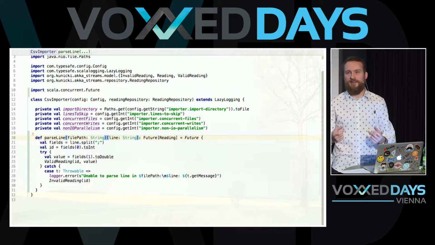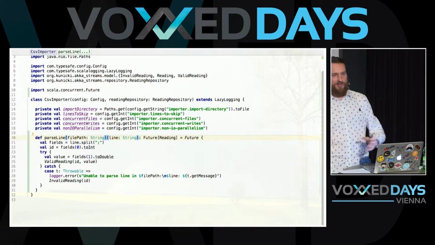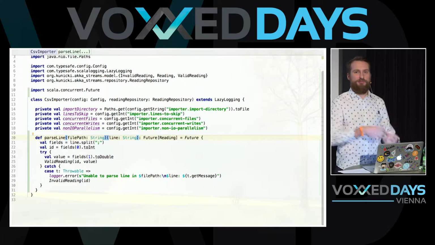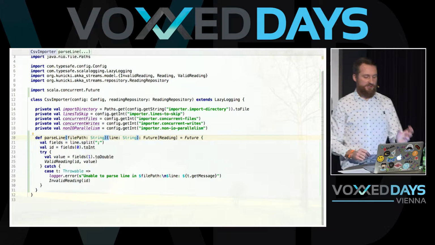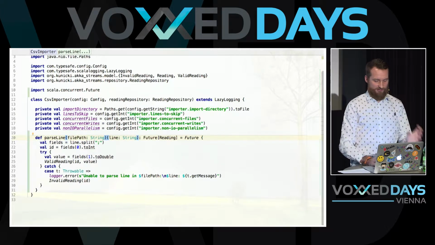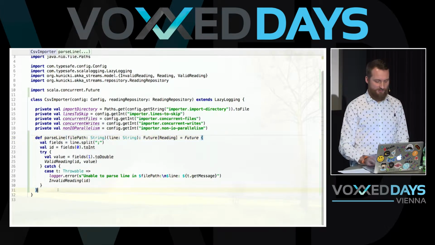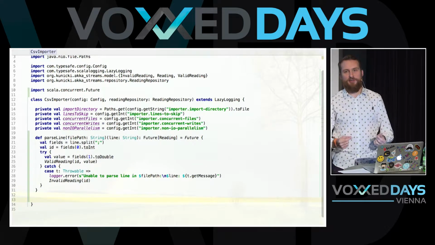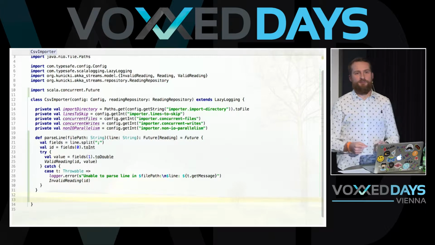And this would help us to put the method into another method call which accepts a function. So we need the file path for debugging purposes, and we need the line to do the actual parsing.